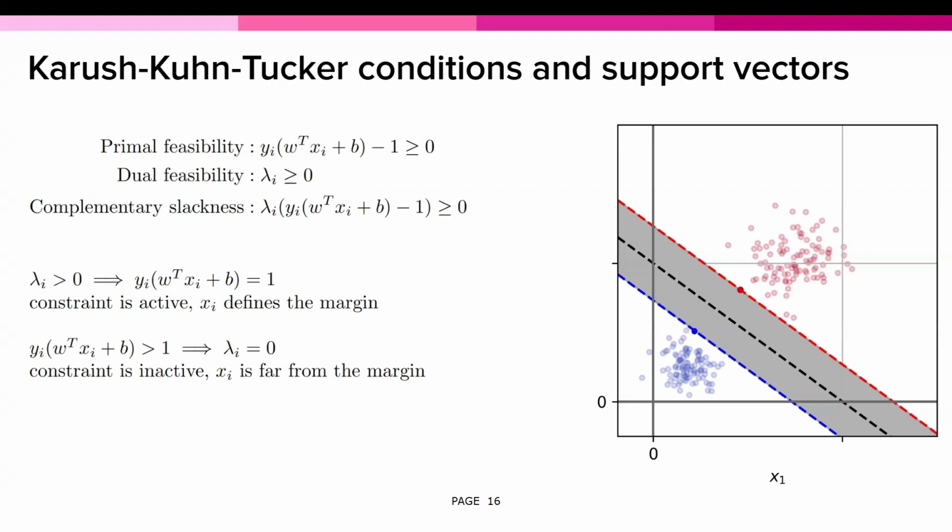So we might not expect these to contribute to determining the position of the margin or decision boundary. On the other hand, if the Lagrange multiplier for a point is greater than zero, then it's directly influencing the outcome. There would be an active constraint for that point.